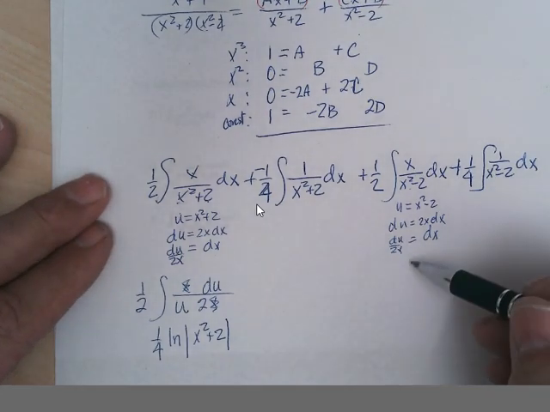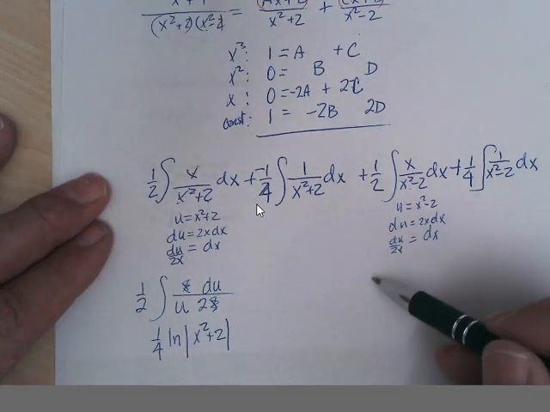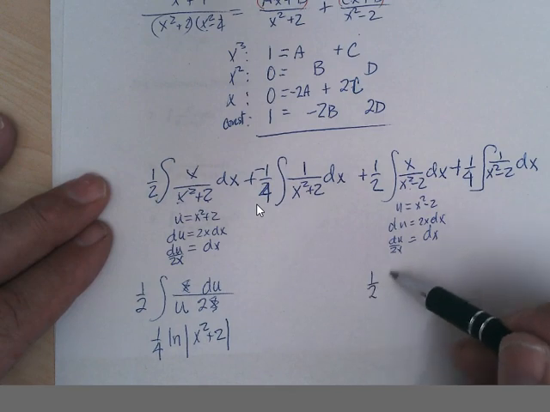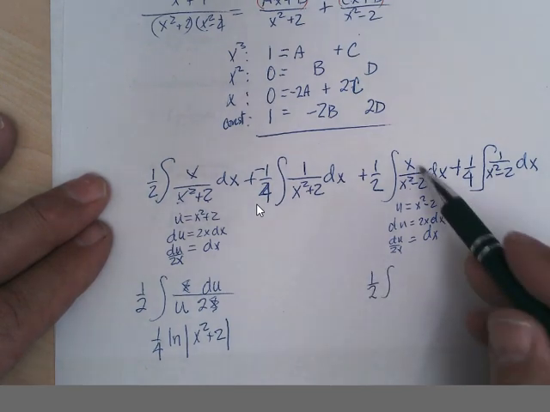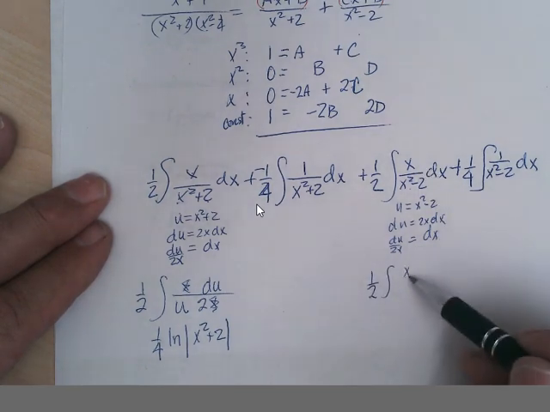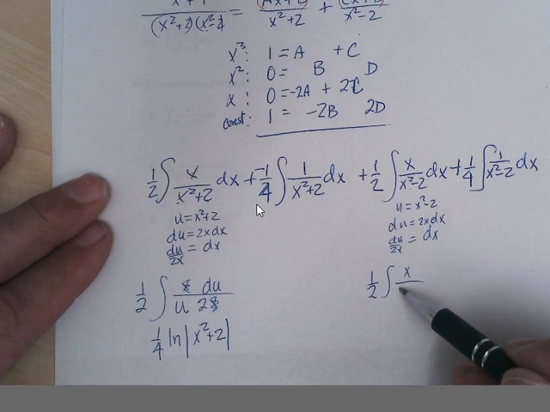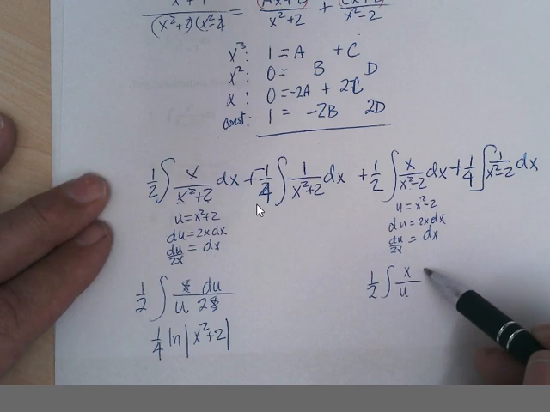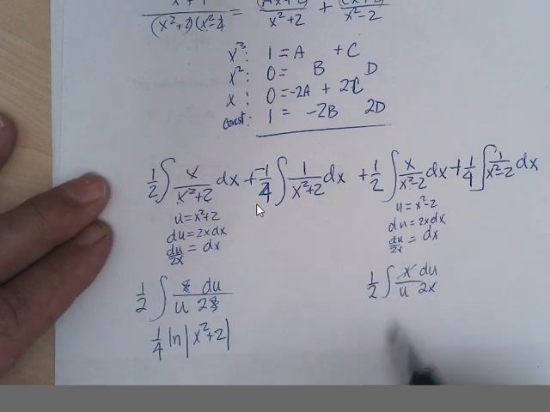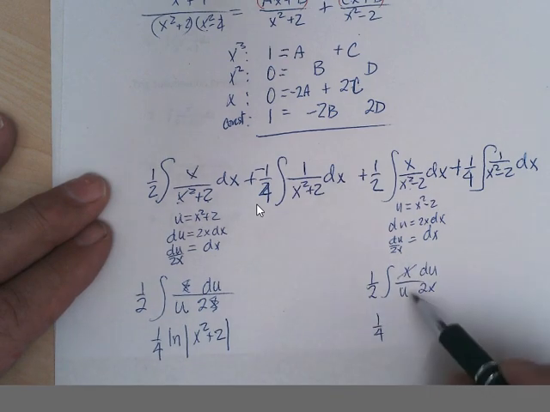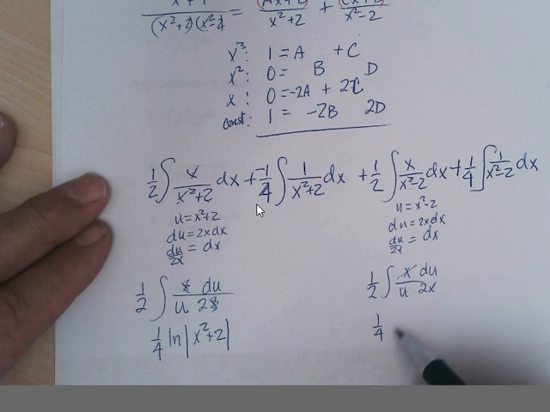And I would have 1/2 antiderivative or integral of x over u, and dx would be du over 2x. The x's would cancel, and I get 1/4 antiderivative of 1 over u, which is ln u.